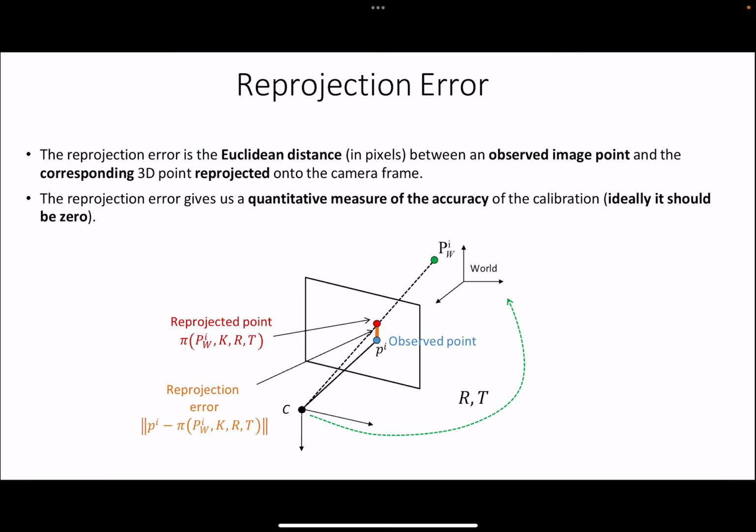And let's learn the reprojection error. The reprojection error is just the Euclidean distance in pixels between the observed image point and the corresponding 3D point reprojected onto the camera frame.